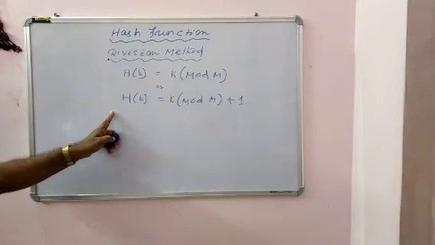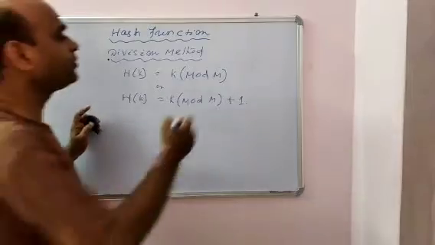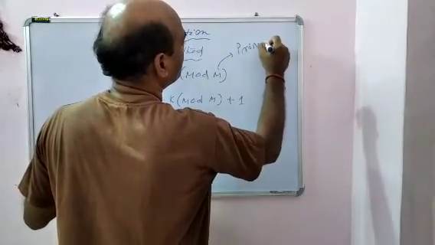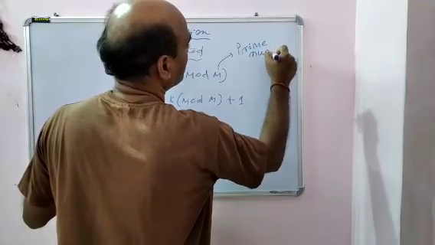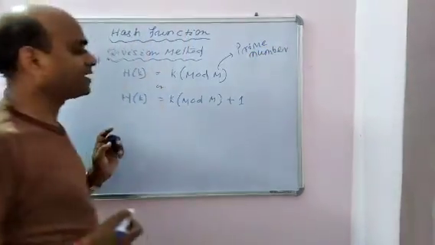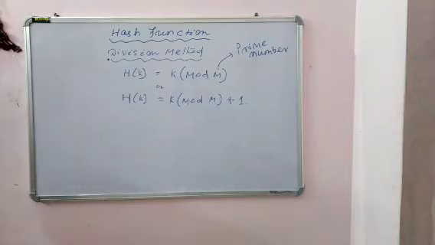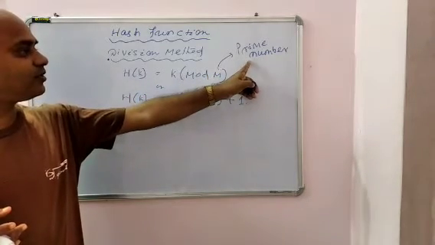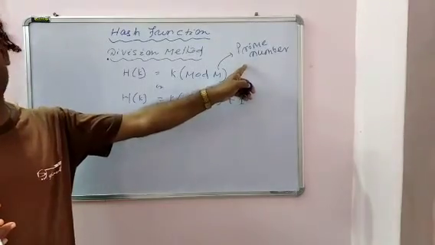Here k signifies a hash key and m is chosen to be a prime number. It is the largest prime number that is greater than the number of keys.